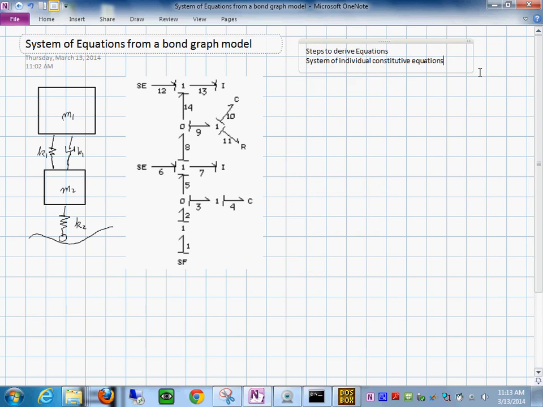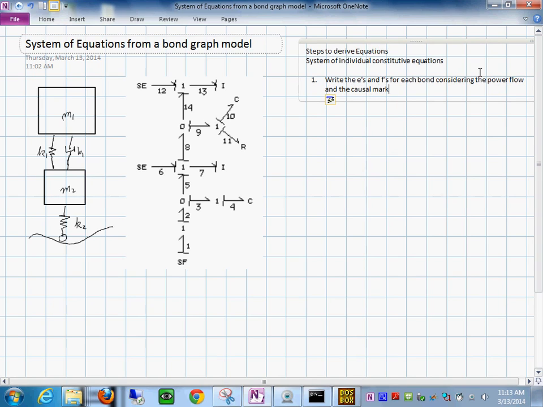So what are we going to do to do this? Step number one: write the E's and F's for each bond, considering the power flow and the causal marks.